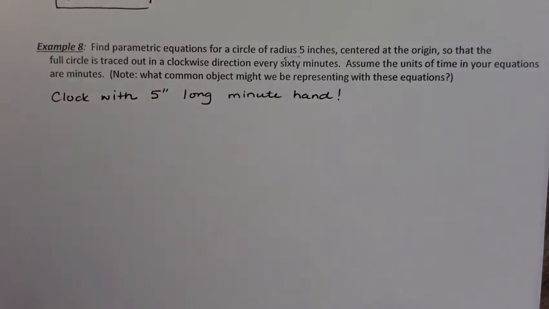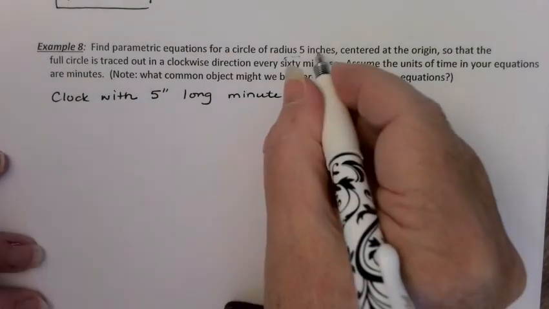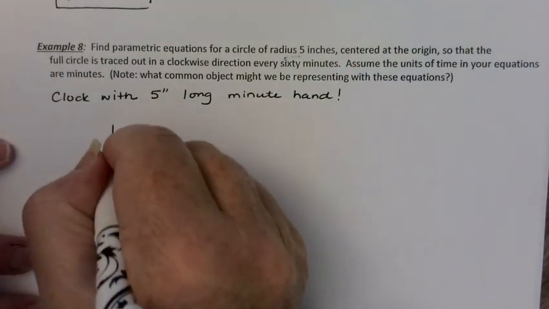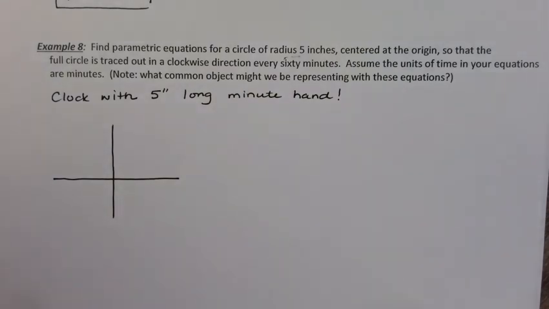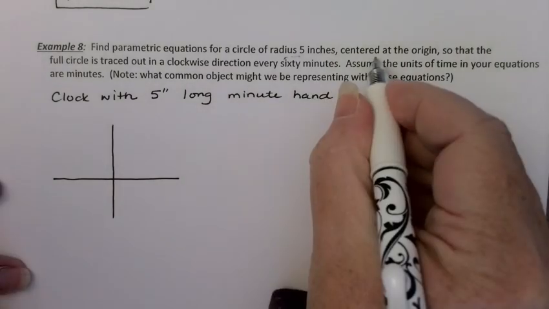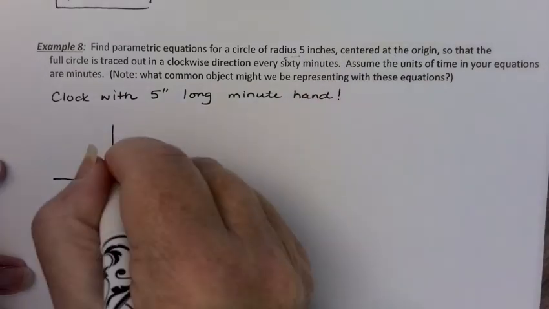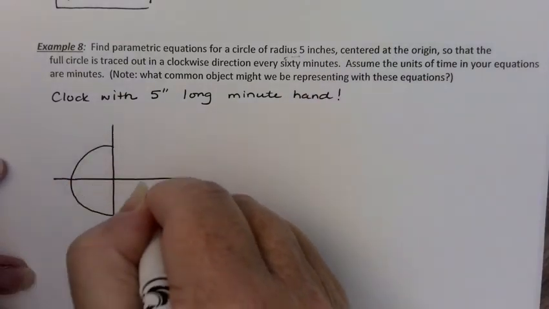All right, so let's see here. My radius is 5, and you know what? We should probably think about this for a minute. If we truly are modeling a clock, we already knew we wanted our radius to be 5 and our circle to be centered at the origin.